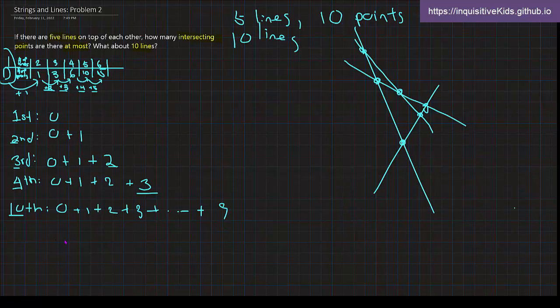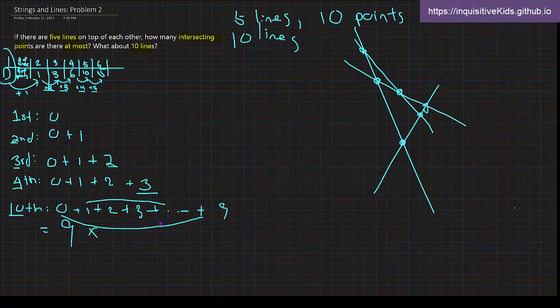Now we add. So you could pair each of these up. So we could have 0 with 9, 1 with 8. So each pair adds up to 9. But how many pairs are there?